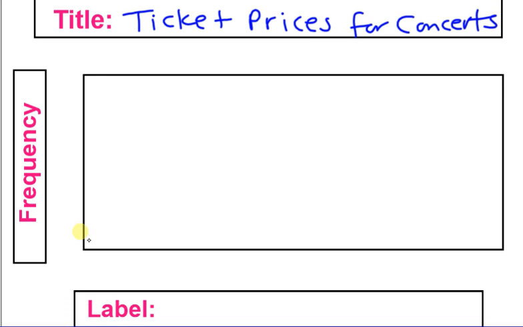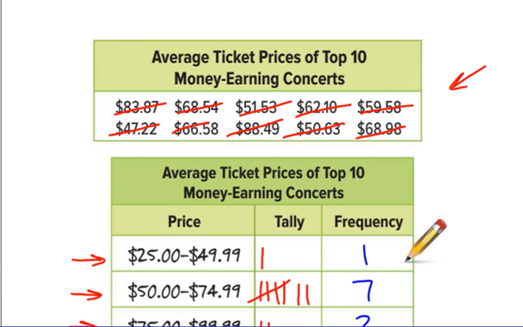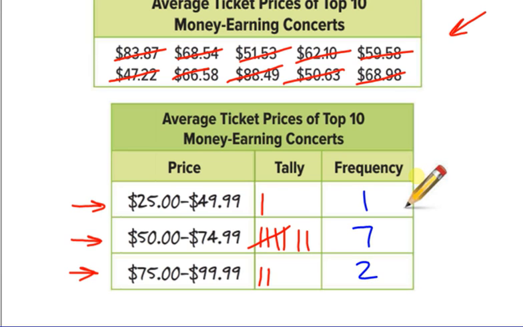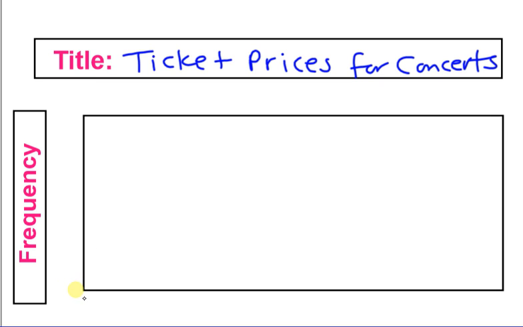Now, when we talk about our frequencies, this is where we need to come up with a number scheme. So if I look back at my data, this is my frequency category right here. So I have 1, I have 7, and I have 2. So I can choose to count by 1s, by 2s, by 3s, by 4s, by 5s, on and on and on. In this case, I'm going to count by 1s because my data is pretty small. The first number you always start with is 0.